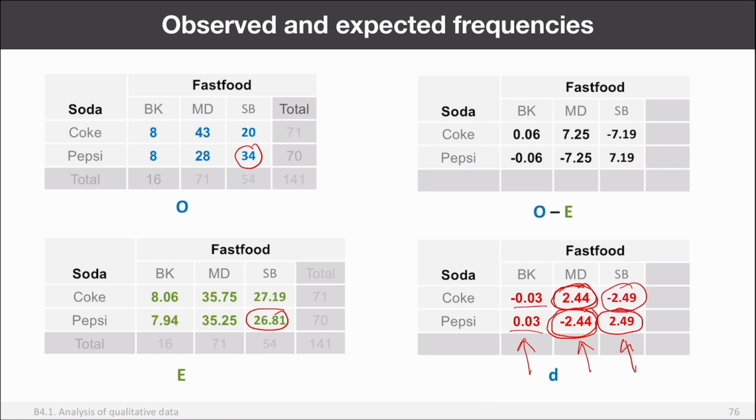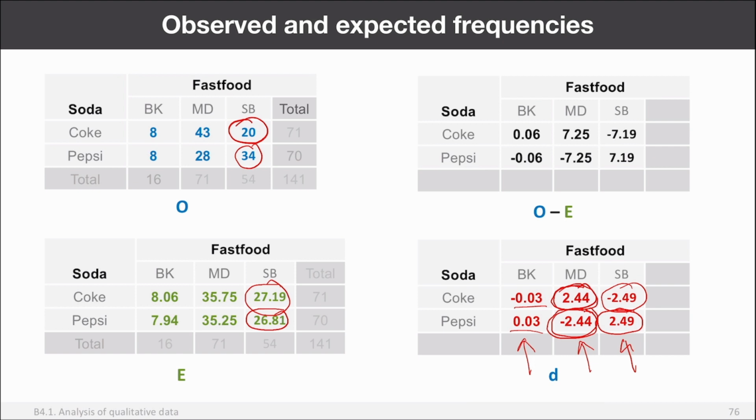And this means that the observed frequency, this one, is by 2.49 standard errors smaller than this one. Again, if you think about the normal distribution, it's way beyond this 95.5% of cases. So you can even compute the real p-value for this. But if you just use this plus minus 2 rule, it will be a quite rough but pretty good estimation. So again, it means that people who go to Sunset Boulevard prefer Pepsi over Coke.